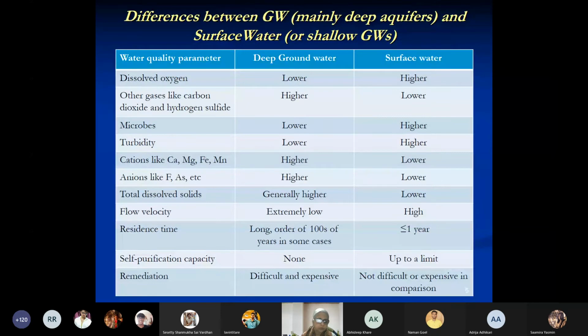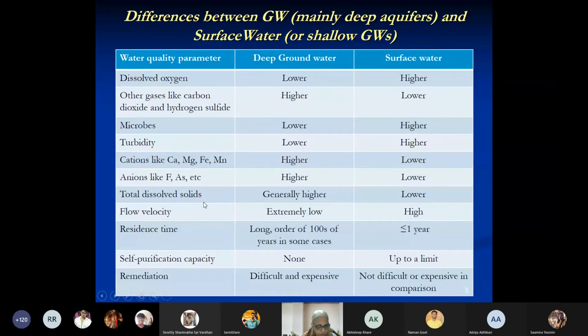So Fe2+ will become Fe3+, Mn2+ will become Mn4+. This is where you get removal, and that's what happens in surface water. Fe3+ and Mn4+ are very insoluble, so they will precipitate and settle down. So your dissolved concentrations will be much lower.